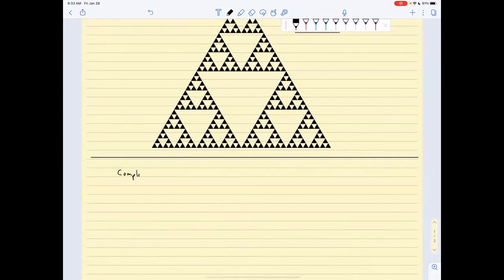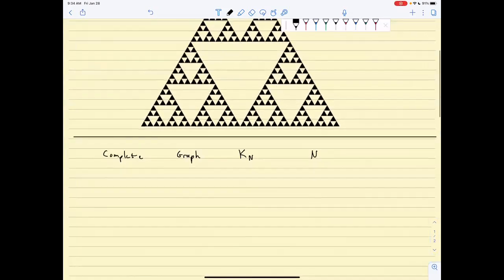The complete graph K_n. Here n, you guys tell me, if I write this notation, what is n telling us? Yeah, the number of vertices. This equals the number of vertices. Good job. Oh, you guys are great.